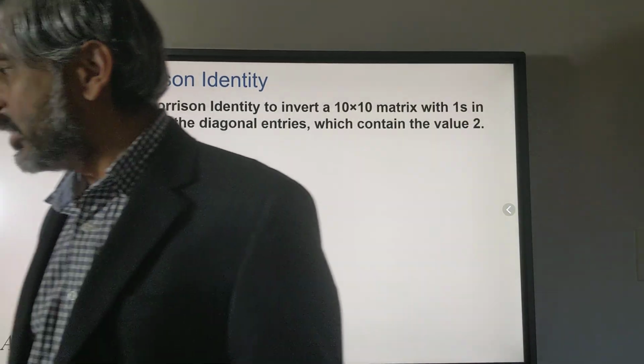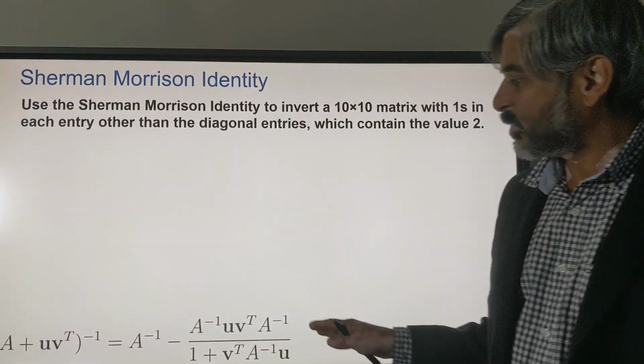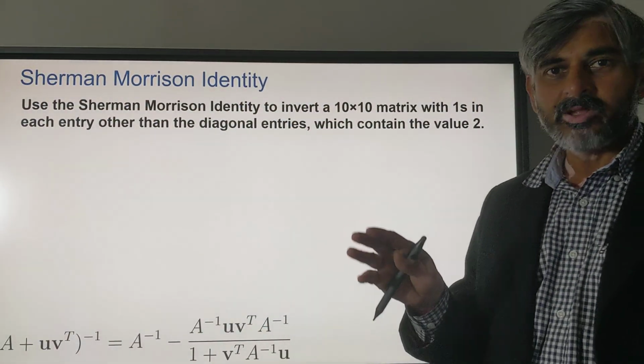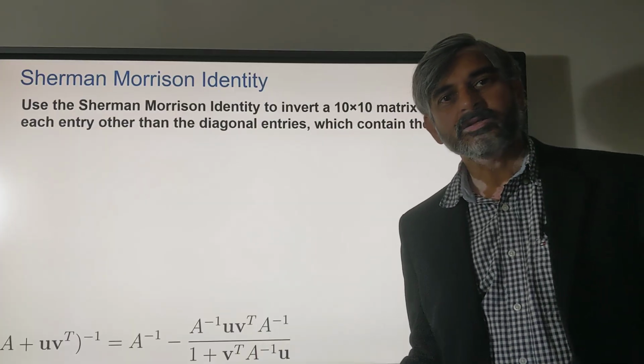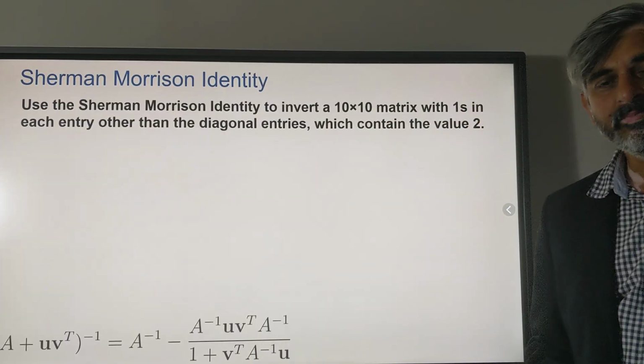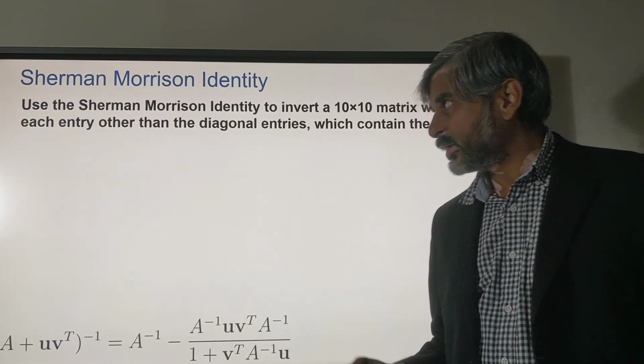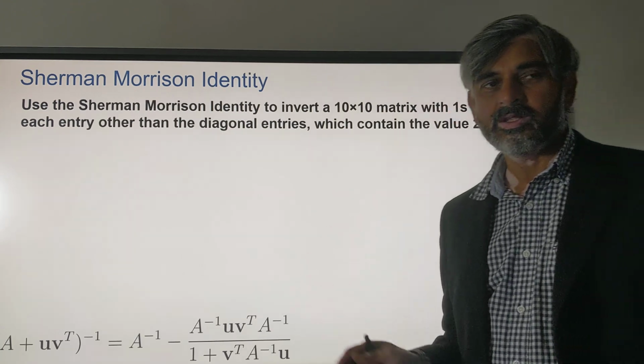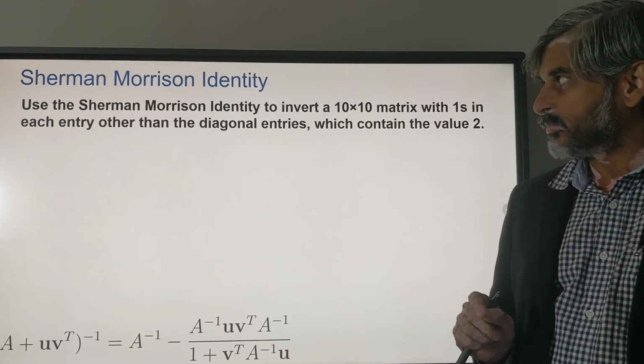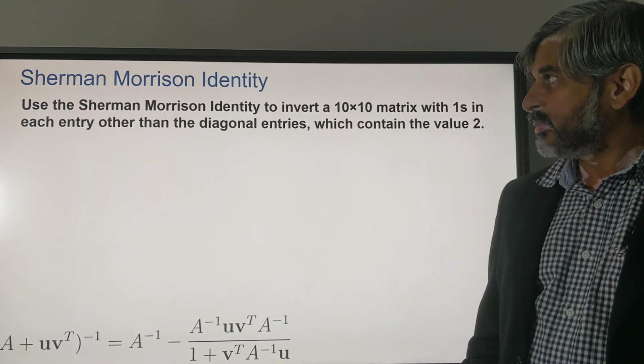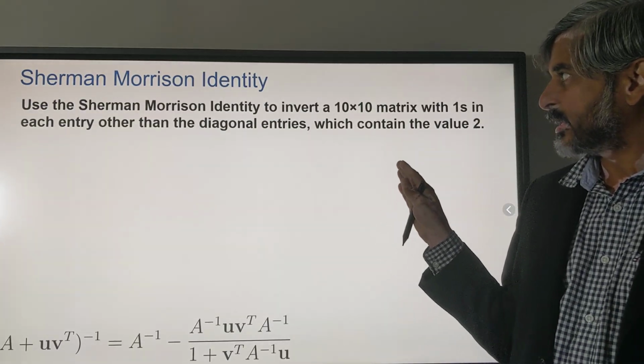But I'm going to do an important example. I will leave the other examples in the exercise in the link in the description. An important thing is, when you study such things, do attempt some of the problems. So we need to use the Sherman-Morrison identity.